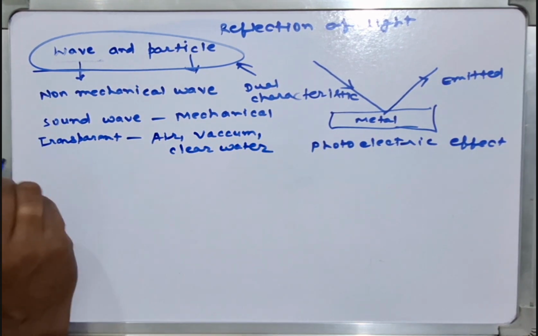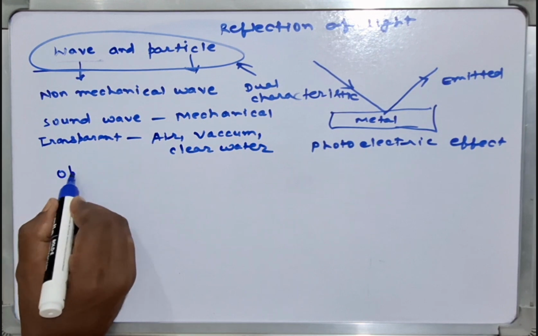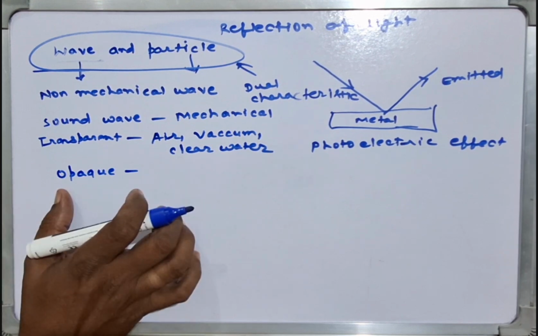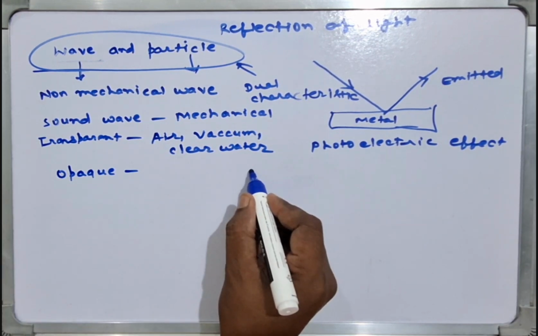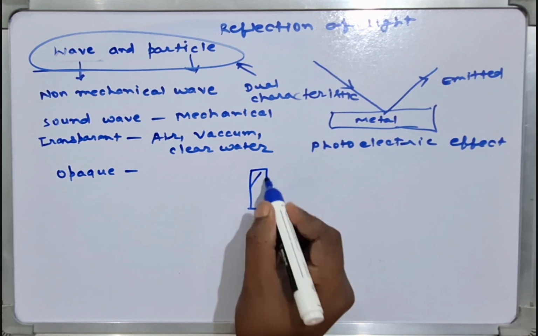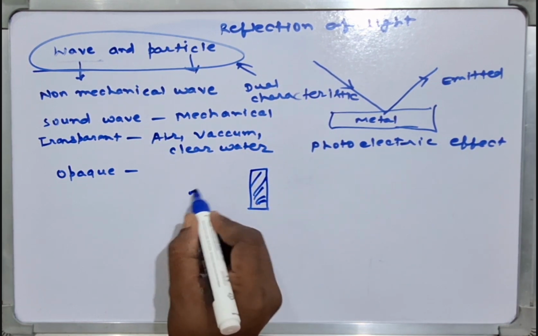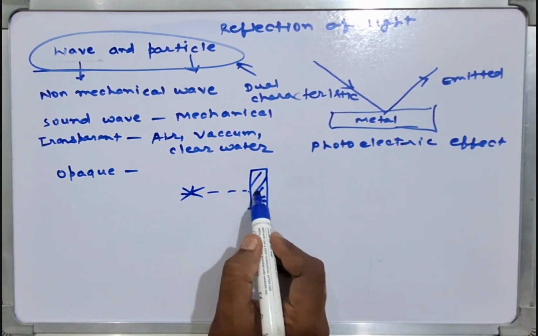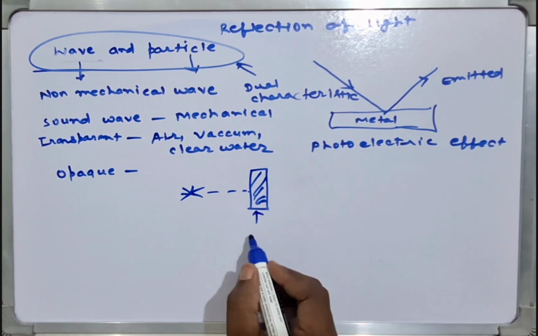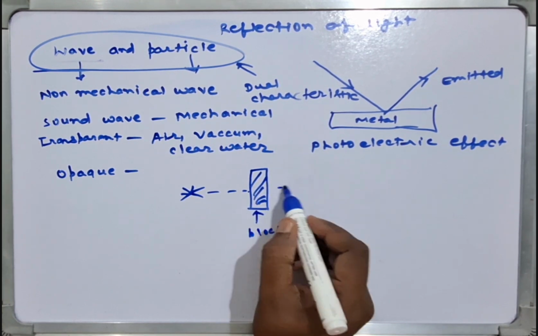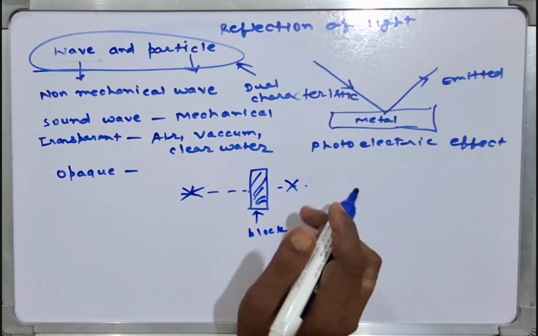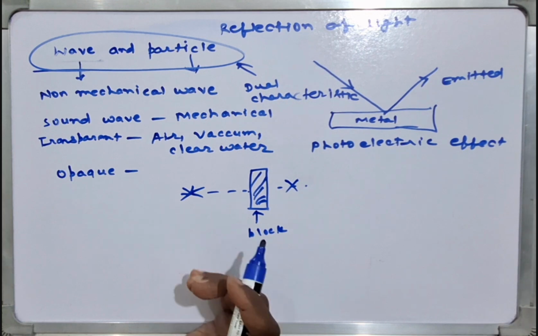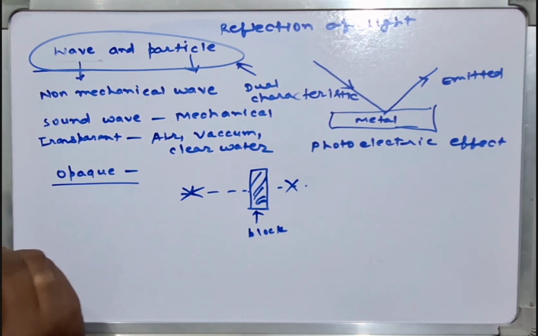The other medium is opaque medium, in which light cannot travel. Suppose there is an obstacle here and light is emitting here. Light cannot pass this block, so light cannot reach here. Such a type of medium in which light cannot travel is known as opaque medium.